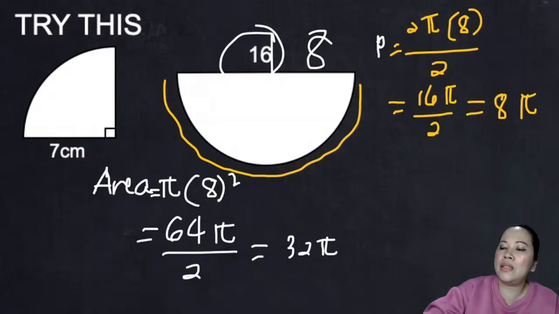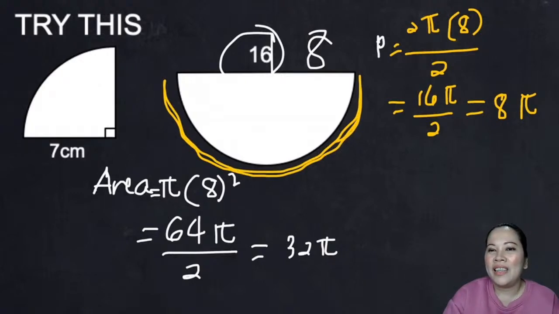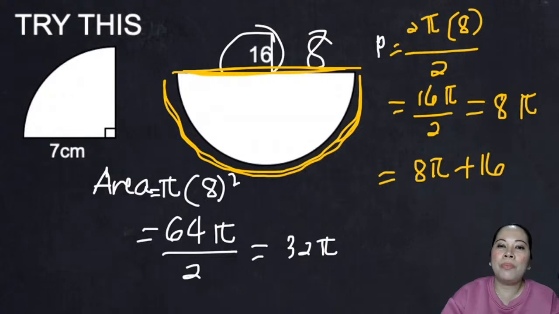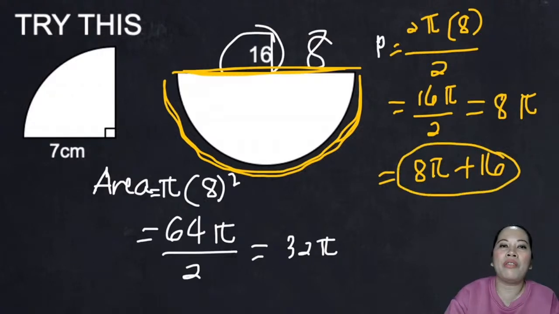So that is the circumference part here. 8 pi. Therefore, we add this whole thing here, which is 16, the diameter. So 8 pi plus 16. That is the exact value of the perimeter of this semicircle.